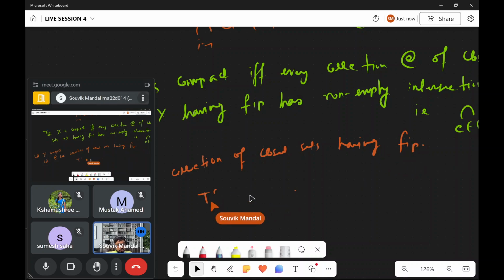We need to show what? We need to show the intersection of C is non-empty. This is what we need to show. Correct? Right.